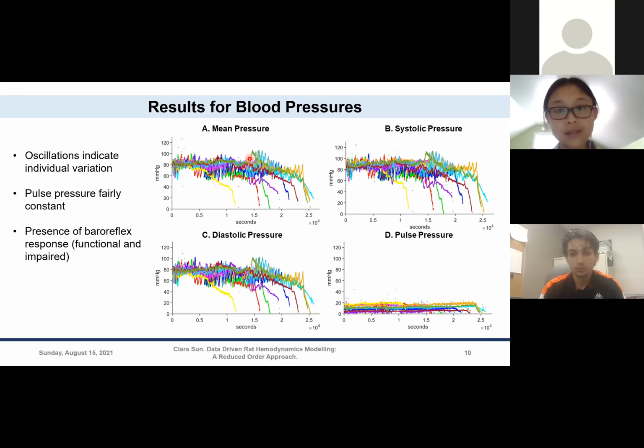However, the spikes in blood pressure are followed by immediate drops and don't appear to deviate from the overall trend in pressure. One possible explanation for this is the presence of negative feedback regulation, specifically baroreflex control. Based on this mechanism, regular oscillation patterns may suggest functional baroreflex responses, whereas aberrant or irregular patterns may indicate impaired baroreflex function.